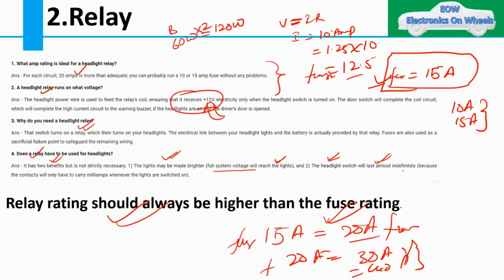For headlight we are using the combination switch for controlling our headlight, and that switch will last longer, because the contacts only carry milliamps of current whenever the light is switched on. When your switch is working on very low current, there is less damage to the switch. But when you are working on a higher switching current, there are chances of sparking and many other electrical factors which can affect and damage your switch.